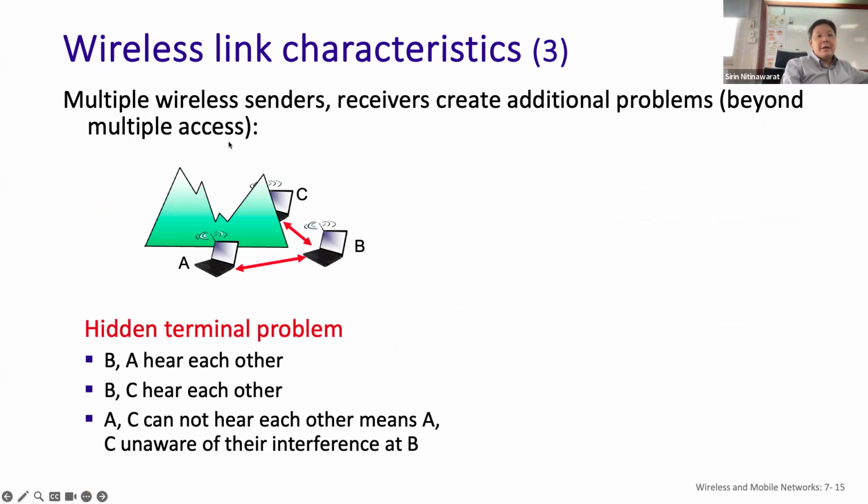So in this case, there are three communicators A, B, C. This network situation will create additional challenges. One primary challenge is the situation we call the hidden terminal problem. What do you think it means? Hidden terminal problem. Who is hiding from whom?